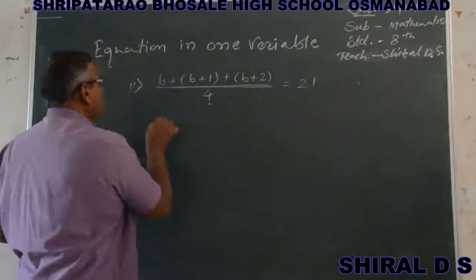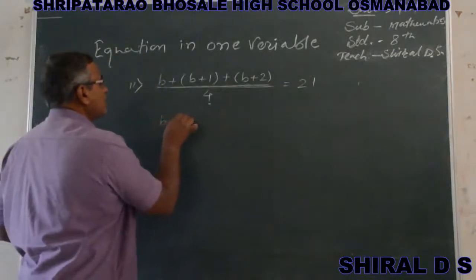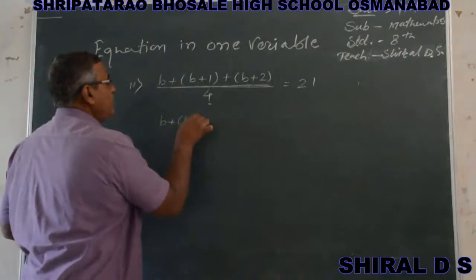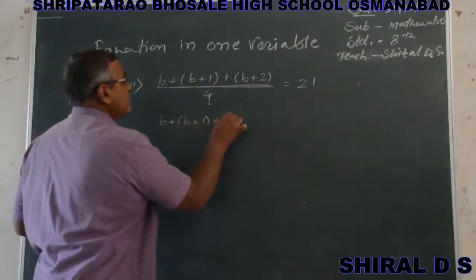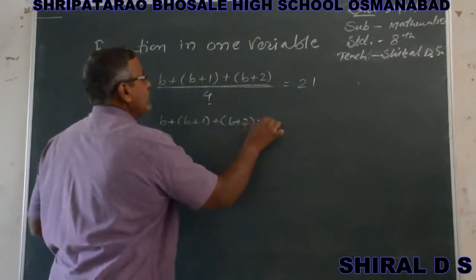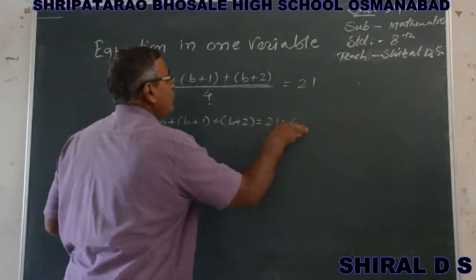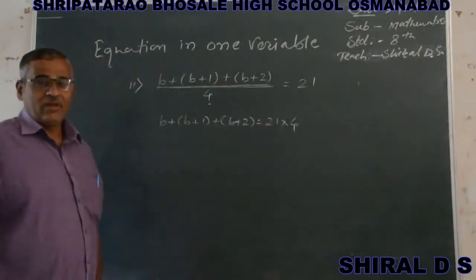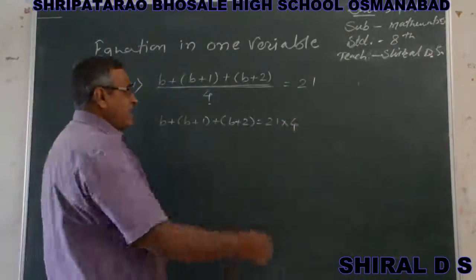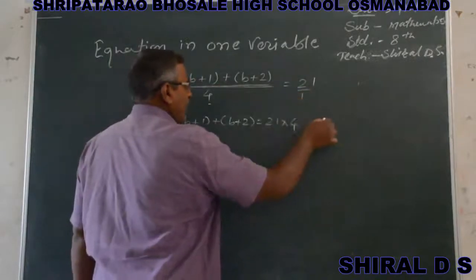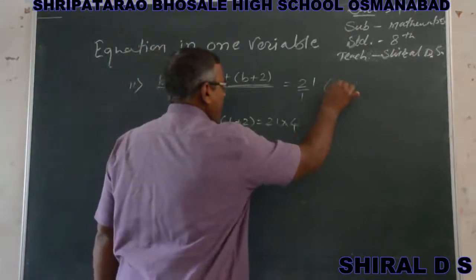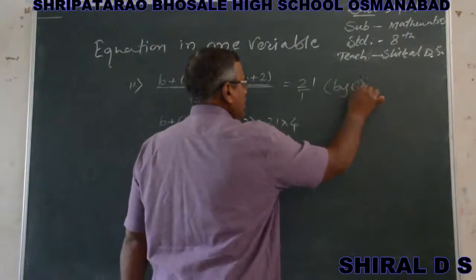So b plus 1 plus b plus 2 is equal to 21 into 4. Or we say here is 1 and we write by cross multiplication.